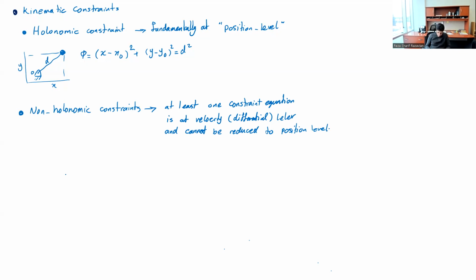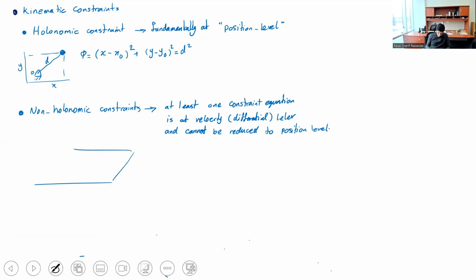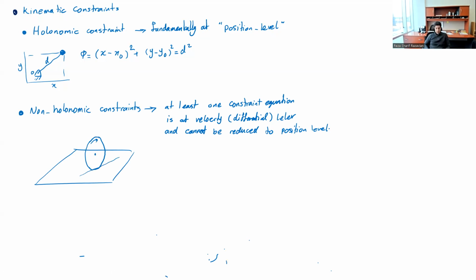So let's consider the example of a wheel. This is my wheel. It's turning and going on a plane. So this wheel has a kind of constraint that is not at a position level.